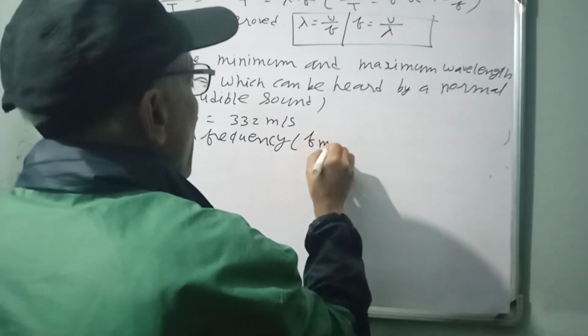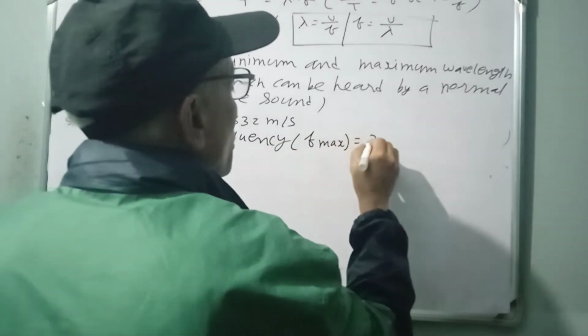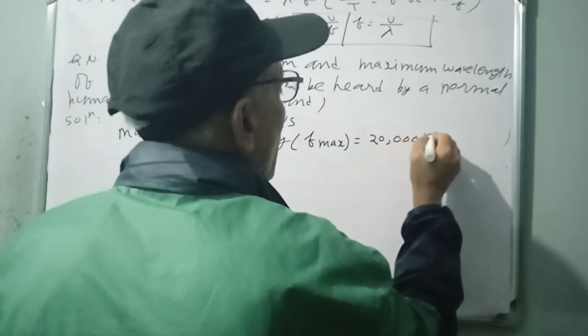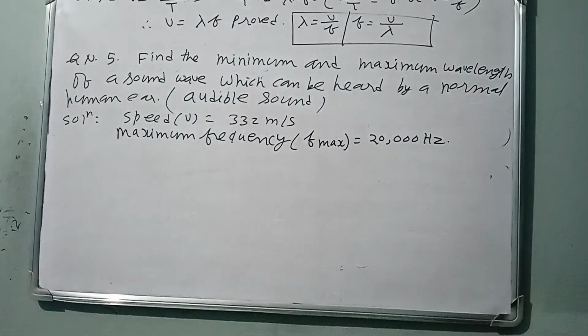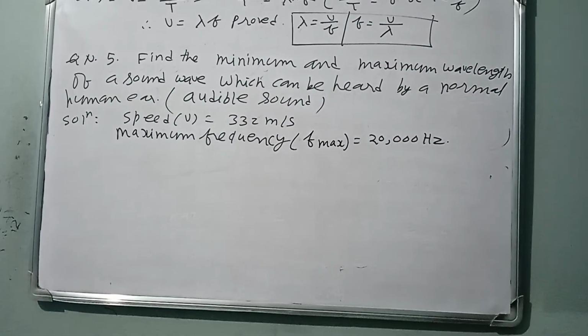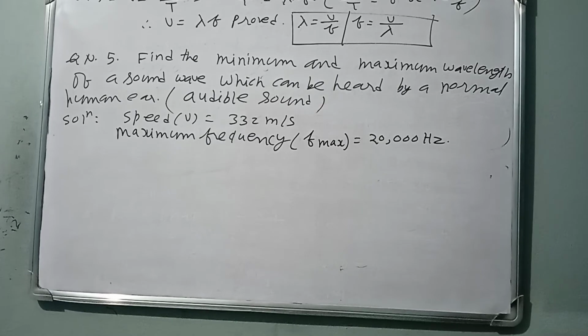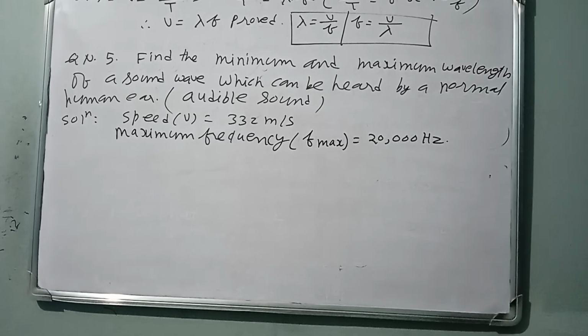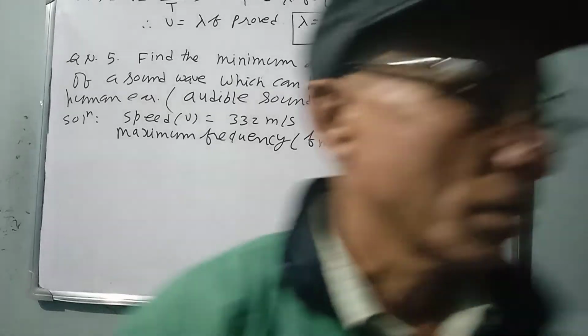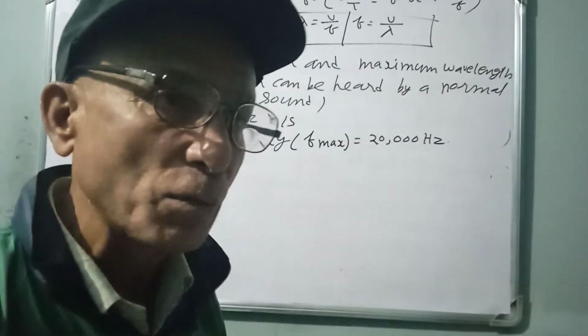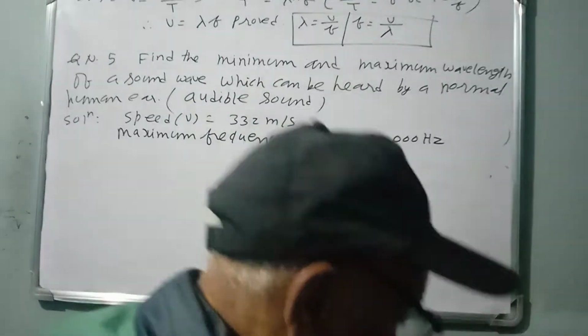F max is 20,000 hertz. Generally students need a calculator to solve this problem.